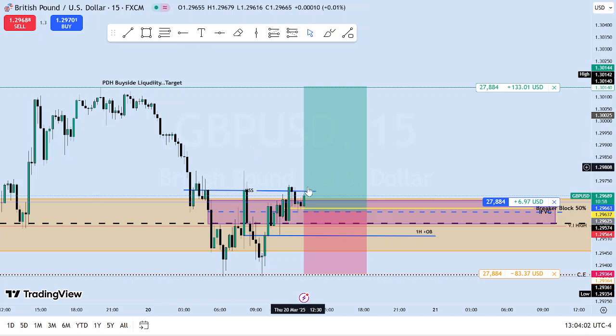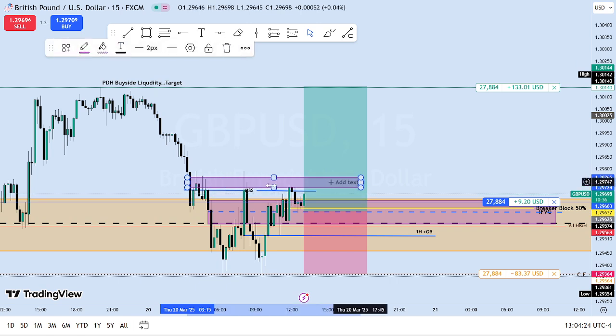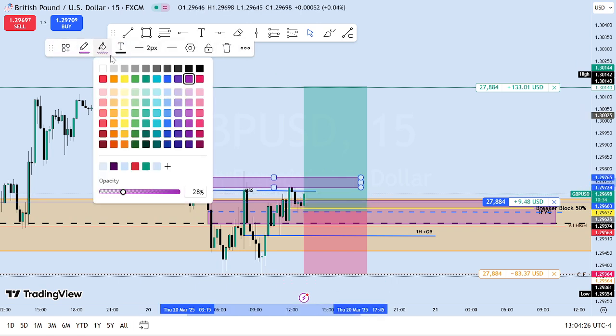So we like to see price run over here to take this high. We have an inefficiency here, then price trades above it and closes, and it acts as an inversion. Once price trades above it and closes, it's going to act as an inversion.